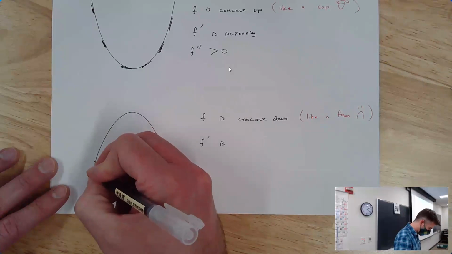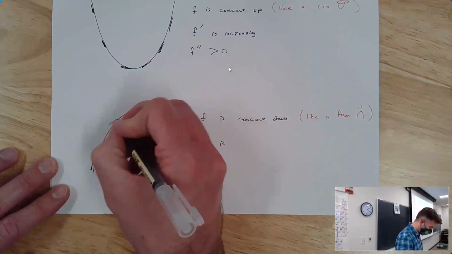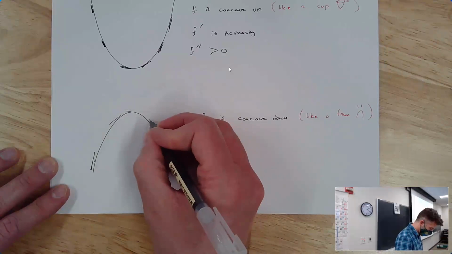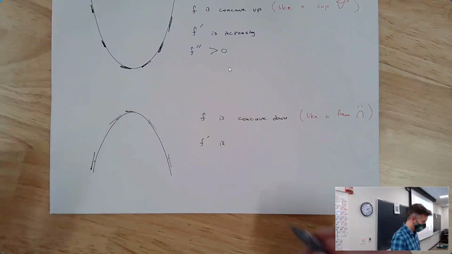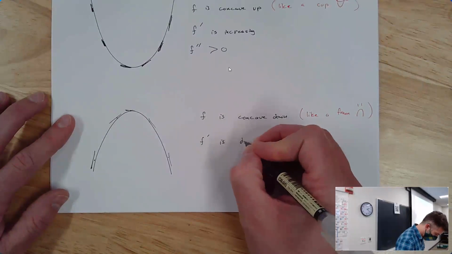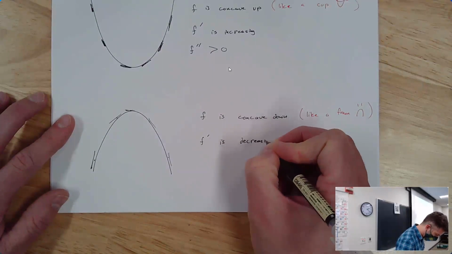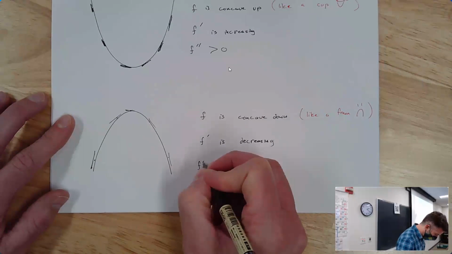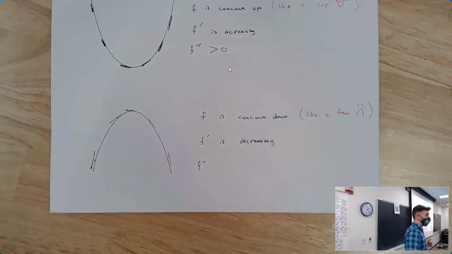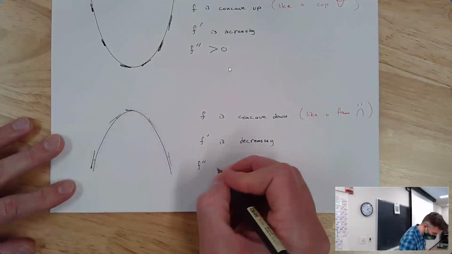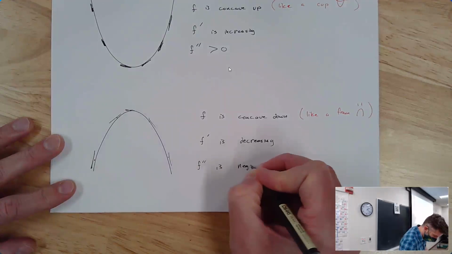It starts off super duper positive, less positive, 0, negative, more negative. It's getting smaller and smaller throughout. So the first derivative is decreasing. And the second derivative, well, the derivative of the derivative, right? If something is decreasing, its derivative is negative. So the second derivative is negative.